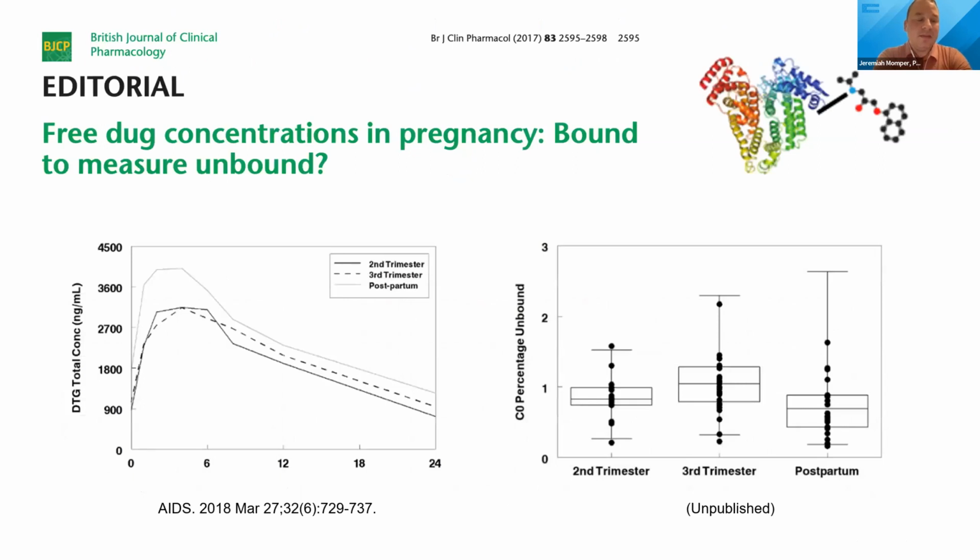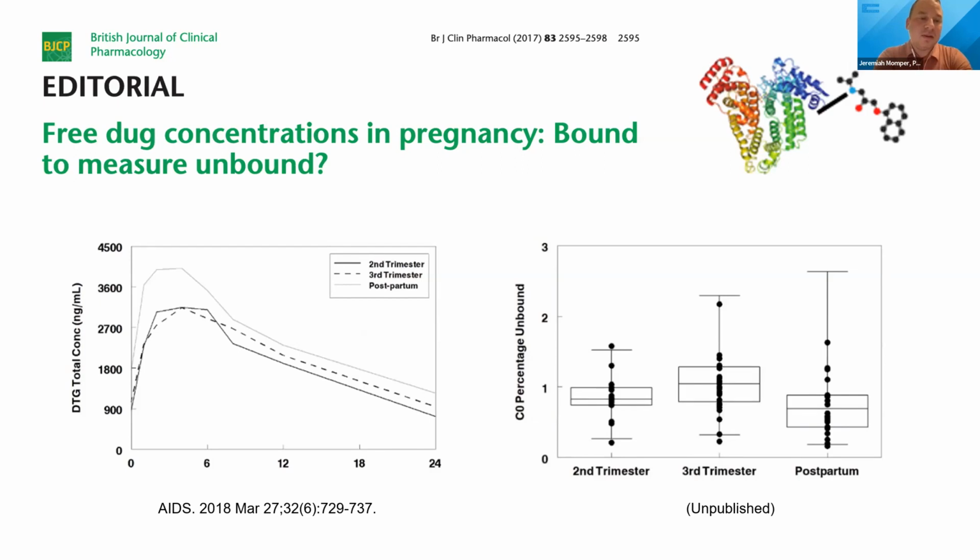Next slide, please. And then last thing I'll mention before Ray will take over and talk a little about the LCMS considerations would be just a quick plug to consider for your pregnancy studies, measuring unbound concentrations when possible. Now, this is a catchy title from David Berger and colleagues in the Netherlands, but they wrote bound to measure unbound.